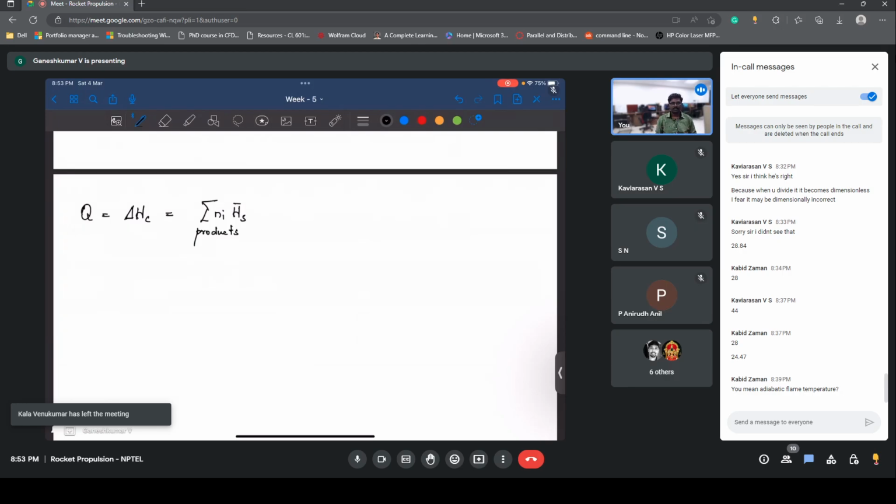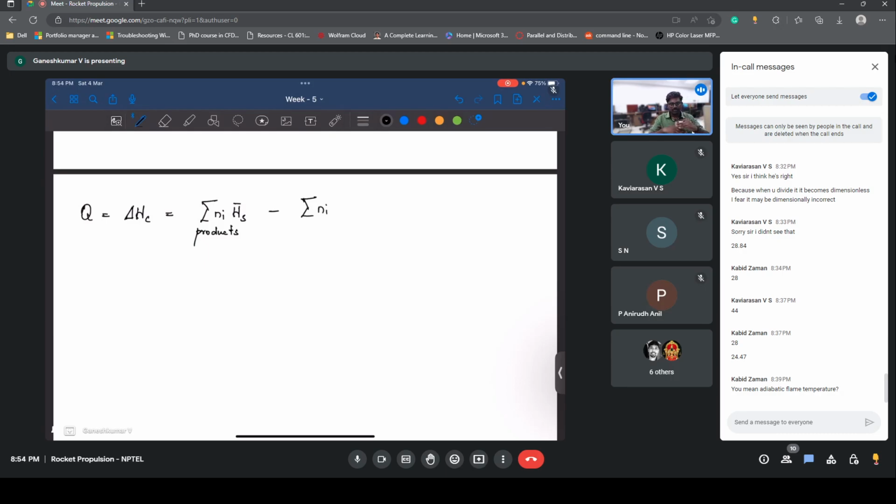Why didn't we consider reactants here? In fact, we should consider reactants, but we need not raise the temperature of reactants because they are already at 298 Kelvin. Let's say for example, if you take hydrogen and oxygen at a very low temperature, you always need to bring that up to 298 Kelvin, because all the formation enthalpies are defined at 298 Kelvin.